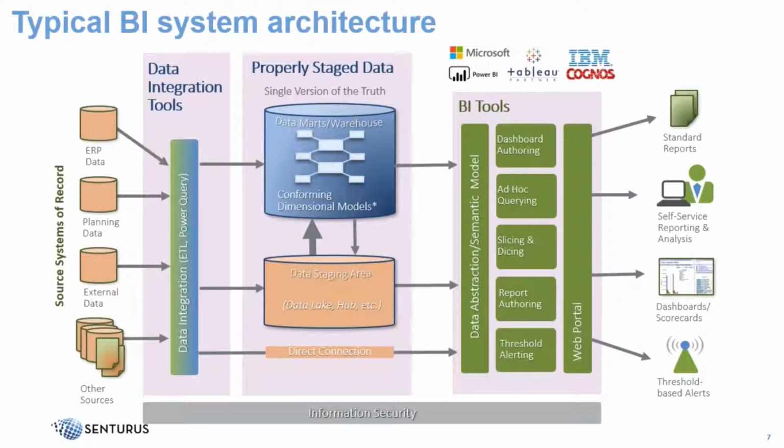Modern systems allow you to do direct connections, and Andy's going to speak to an aspect of the Power BI platform that allows you to do that. But more typically, you're staging the data in intermediate repositories for a number of reasons that we talk about in other webinars, and then you apply tools on top of it to make sense of it and deliver it to the various usage points. So that's the broader piece.